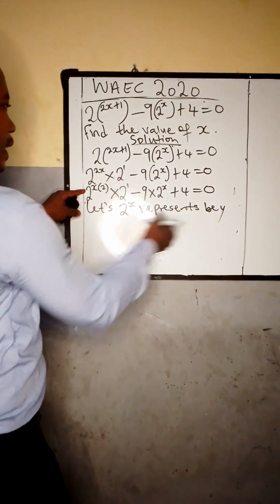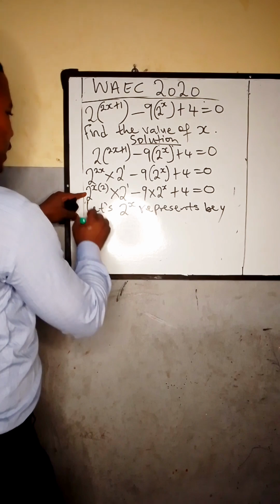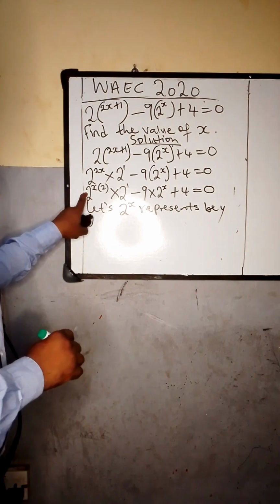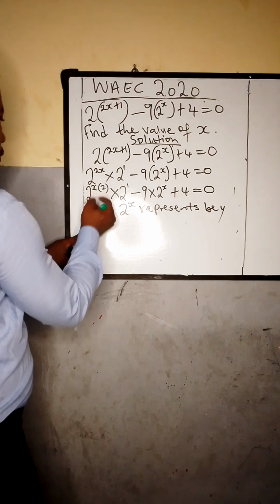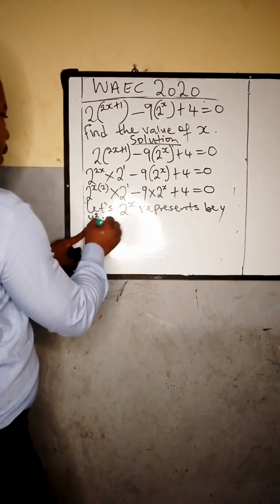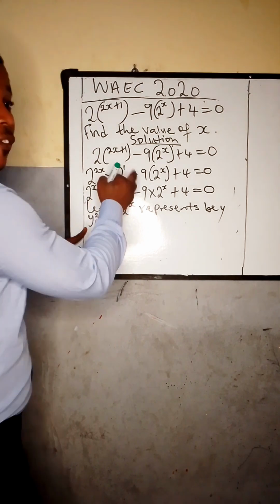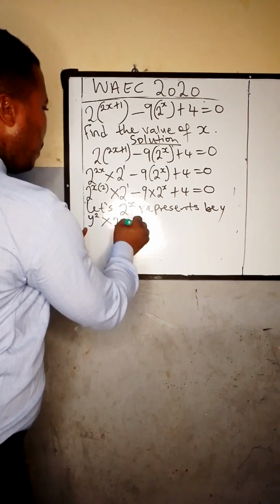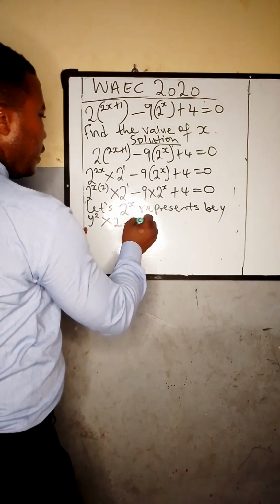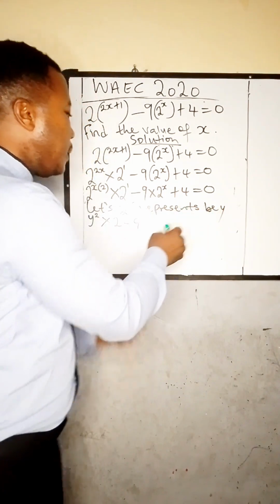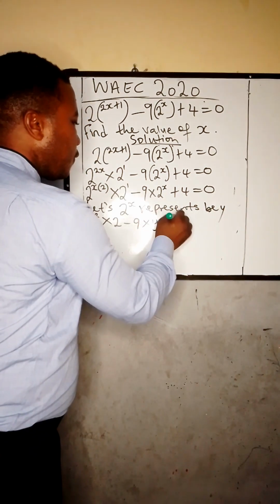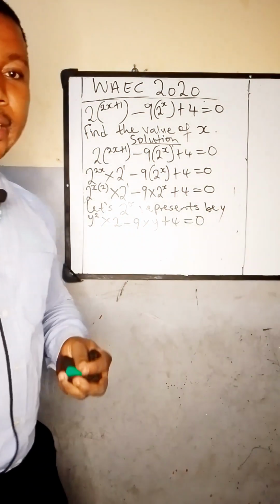In this case, this will now be y, instead of 2 raised to the power of x. So here we now have y squared times 2 raised to the power of 1, which is still 2, minus 9 times y, plus 4 is equal to 0.